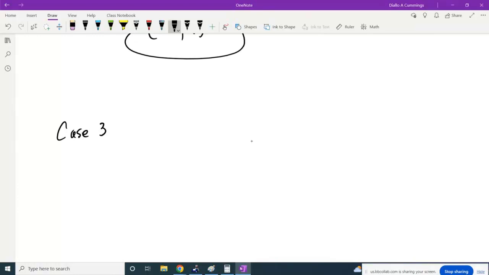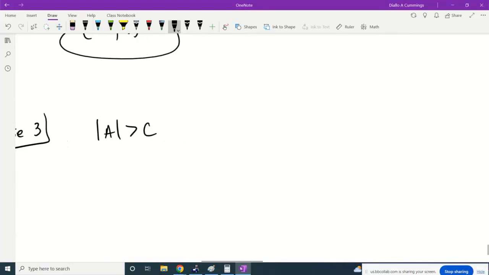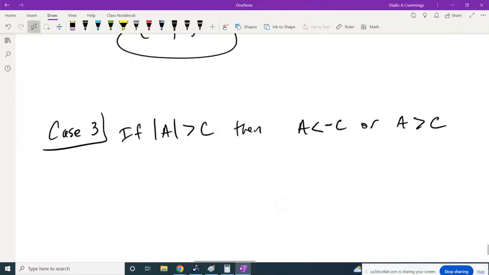It says that if the absolute value of a is greater than c, then a is less than negative c, or a is greater than positive c.